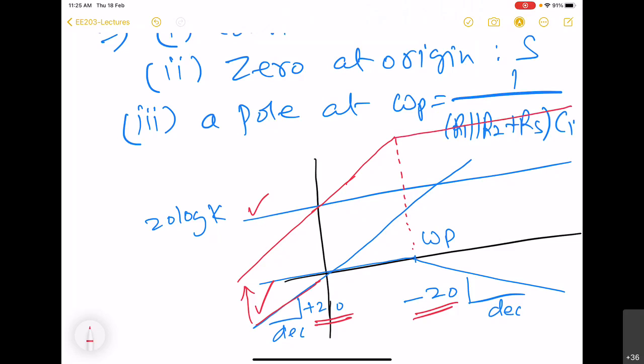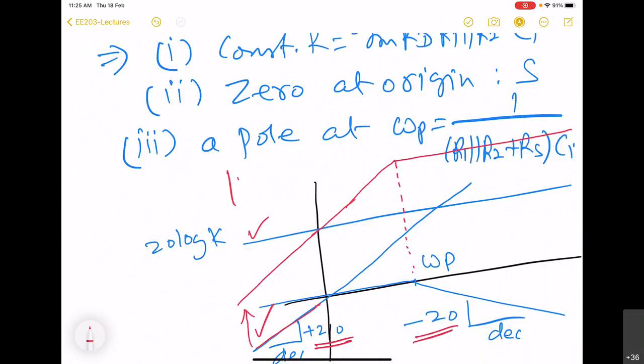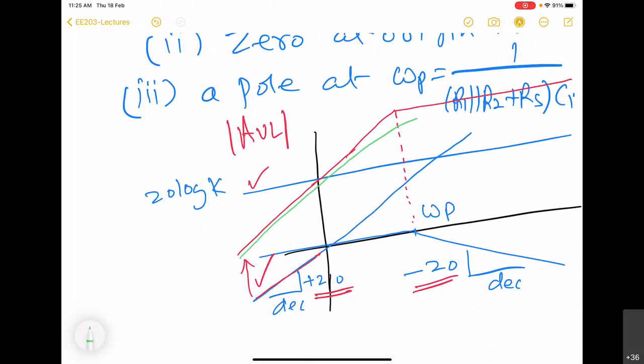So we are going to get this red curve as the Bode plot of the low frequency voltage gain, this AVL. This is the magnitude of AVL, right? And actual response, if you carry out experiment, is of course going to be like this here.